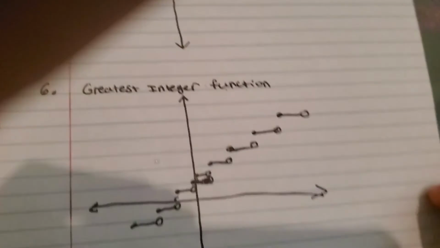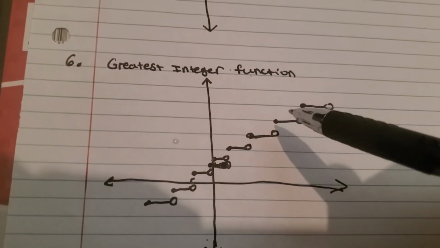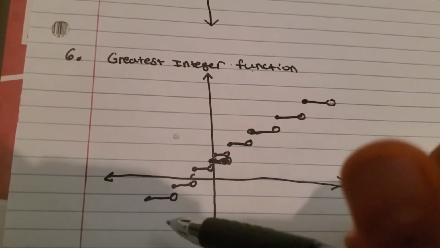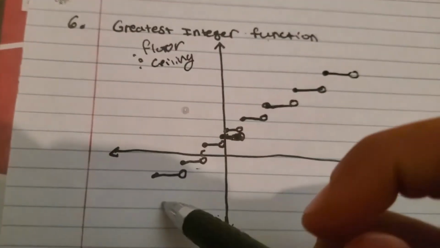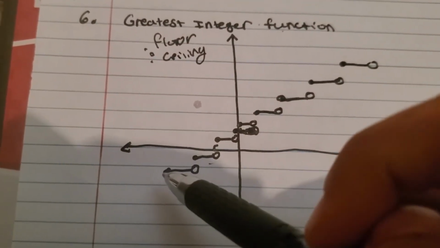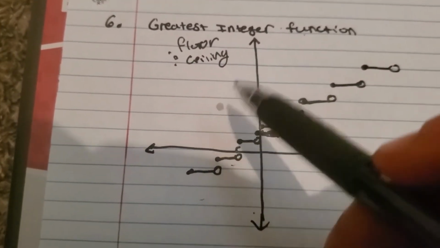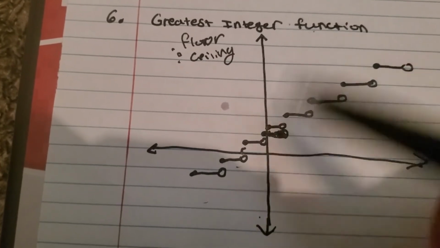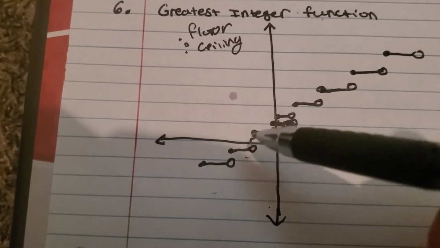And then we also have the greatest integer function, also known as the floor, the floor and ceiling functions. So for the floor function, pretty much we take the least number possible. As we're going in between values, we take the lowest number possible for the floor, and we get the staircase, pretty much.